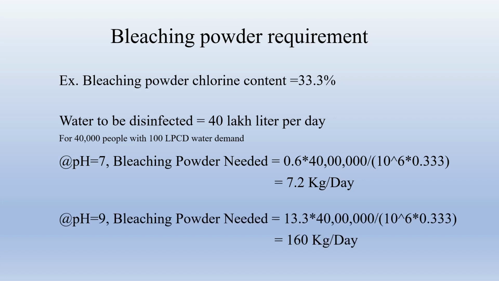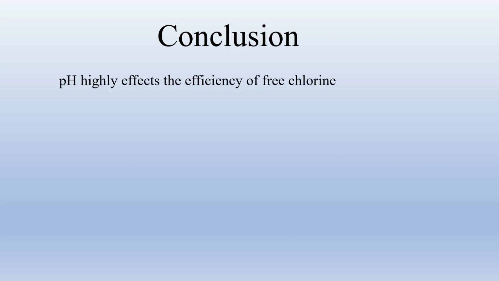At pH 9, the bleaching powder needed will be 160 kilograms per day, which is very high. So this form of chlorination with bleaching powder at this amount will not be done, and other forms of disinfection should be applied.